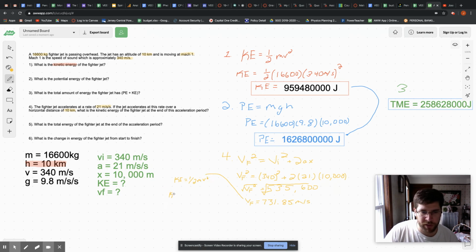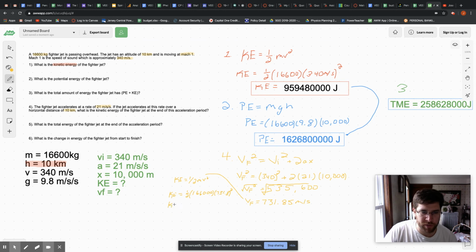Kinetic energy is equal to 1/2 times the mass of the fighter jet, which we already said is 16,600, times the velocity of 731.8 squared. Ran out of room there, so I didn't put the 5 in.